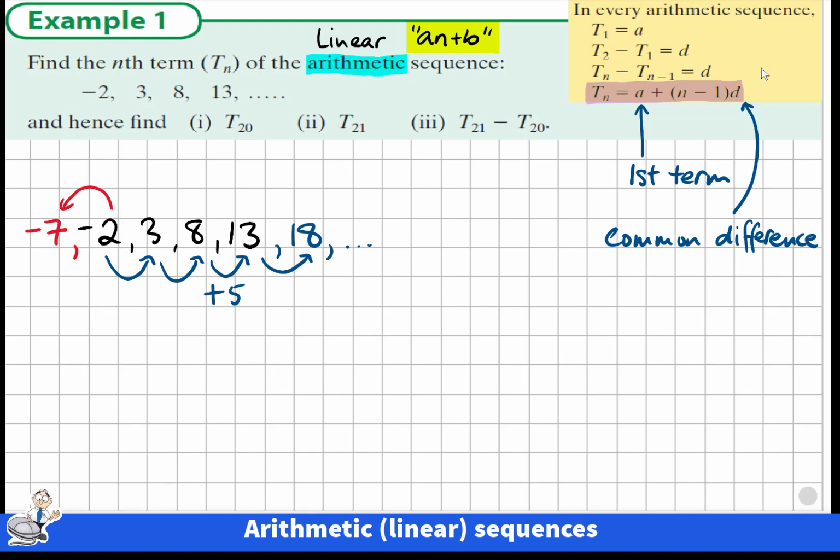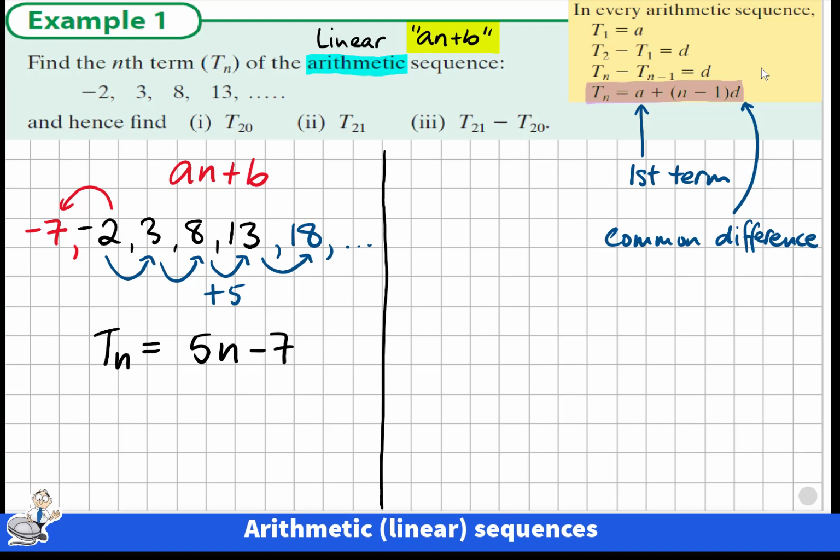So according to our formula, that looks like this, an plus b, where b is the y-intercept, the zero term, and a would be your slope. Straight away you could say that term n in this series, the general expression, is 5 times n minus 7. So that's using the methods that we have already.